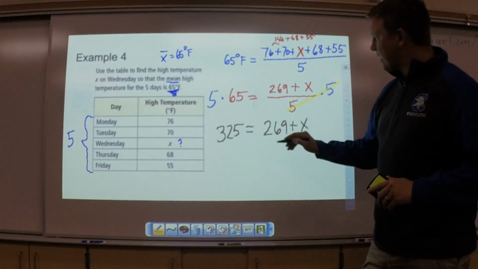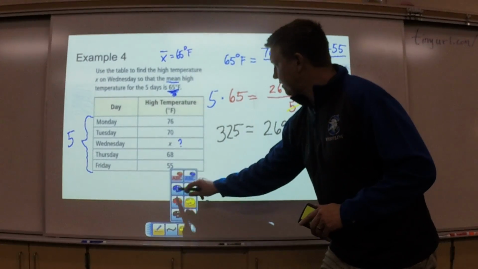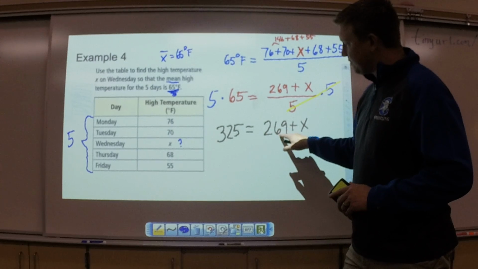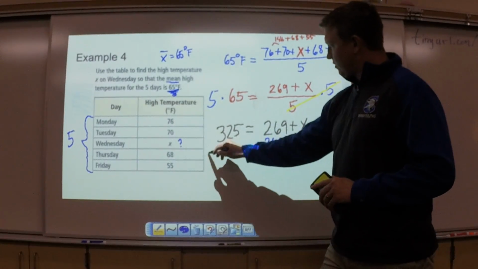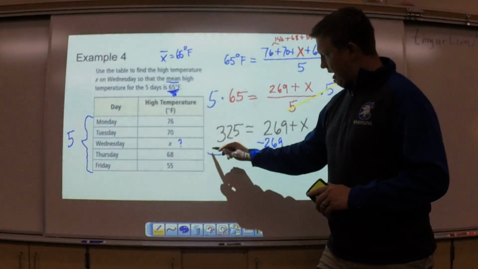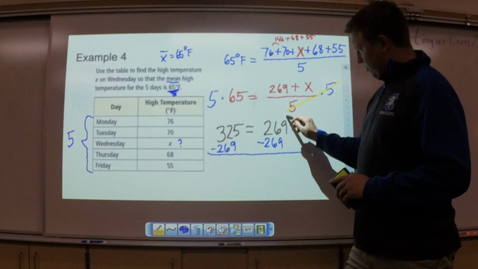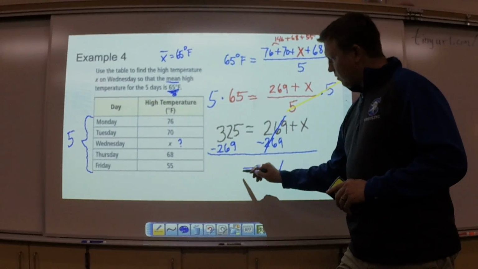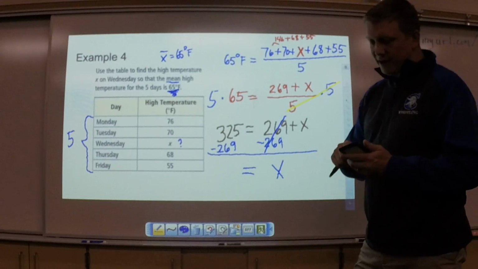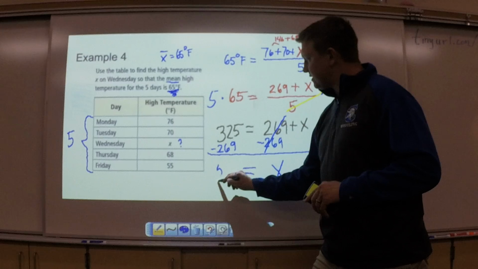All right. So right here, I'm going to do the opposite of positive 269, which is subtract 269. In order to get it to cancel out, I must do it on both sides. 269 over here. Cross these out. And I end up with x equals, on one side by itself, so I'm getting there, this is awesome, 56 degrees.